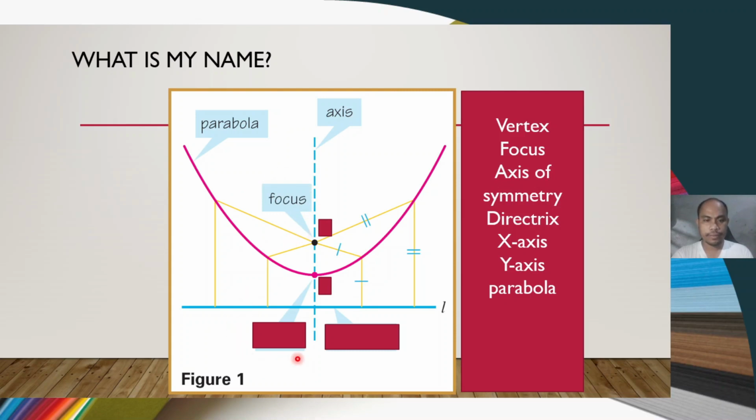This one, that is vertex. The last blank we have, this is directrix. How about the two small blanks? This is letter F, or capital letter F, for focus and capital letter B for the vertex.